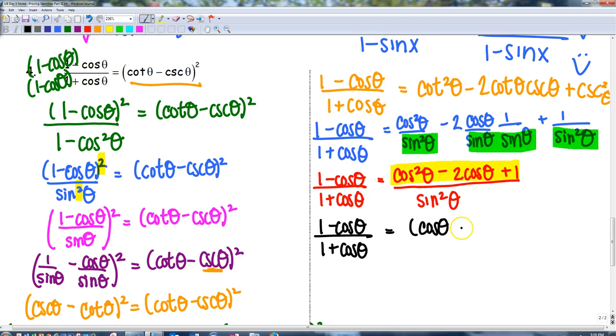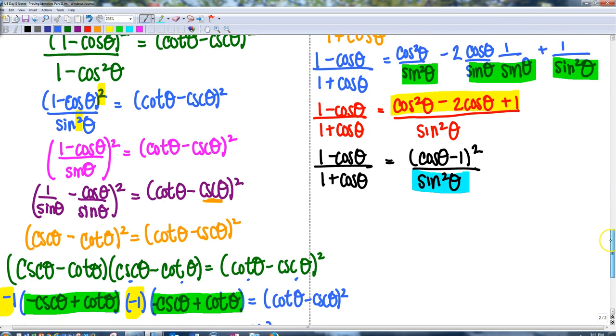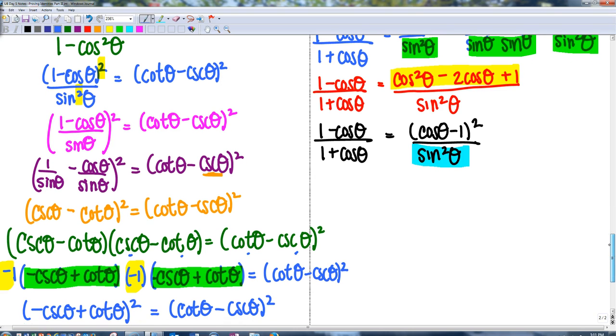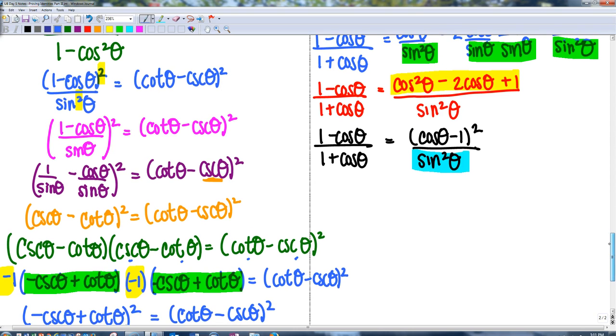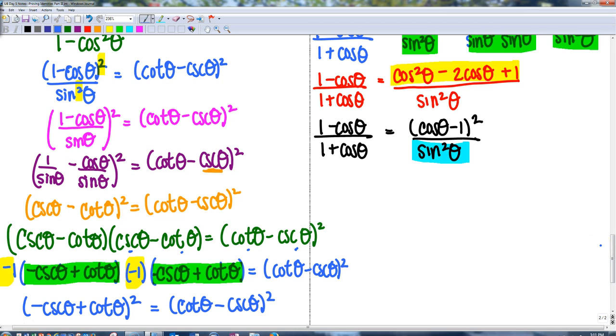So cosine theta minus 1, cosine theta minus 1, which is cosine theta minus 1 squared. Okay, next, another thing I think people are going to start to see, oh, I know what to do now. We're going to change that sine squared theta to a 1 minus cosine squared theta.